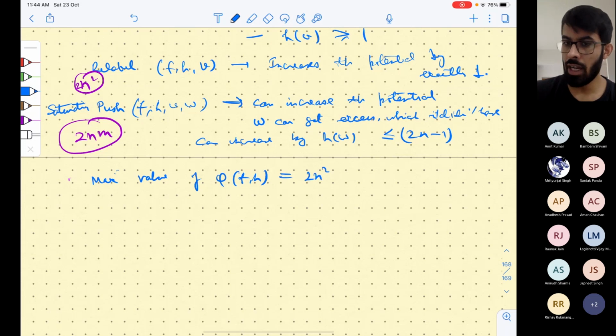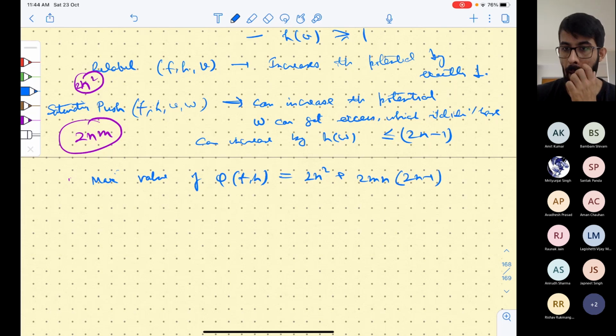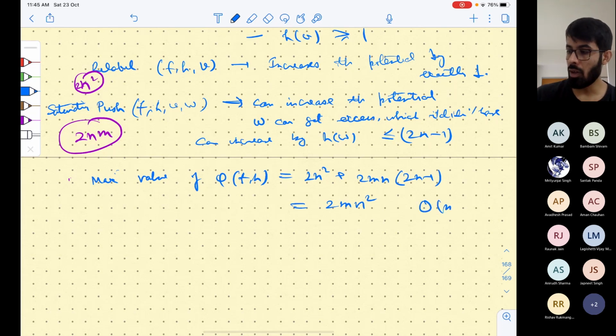It is 2n square plus 2mn, times 2n minus 1. And this is whatever, 2mn square. Should do it, right? Or some order mn square.